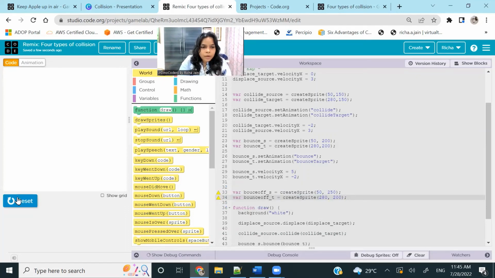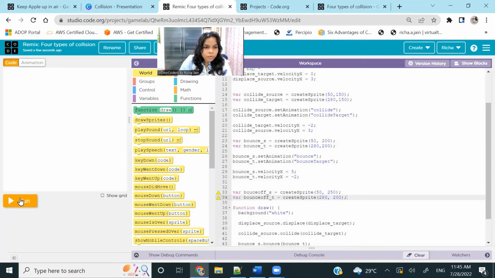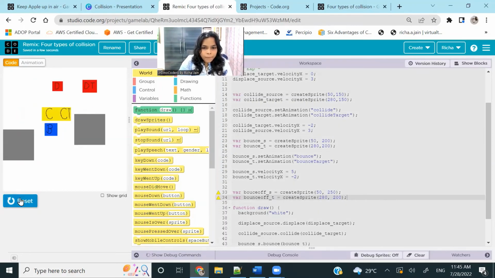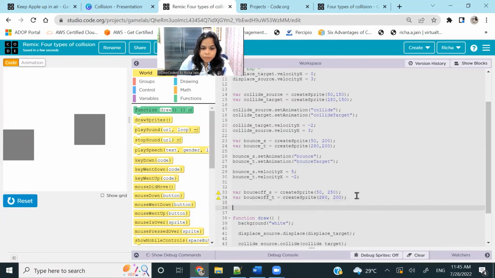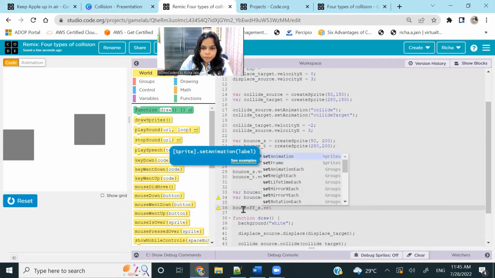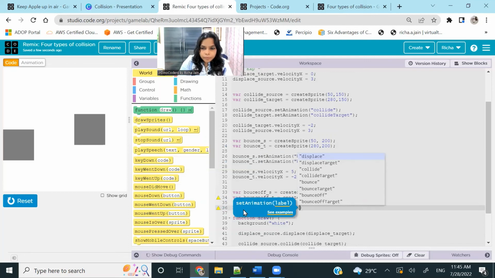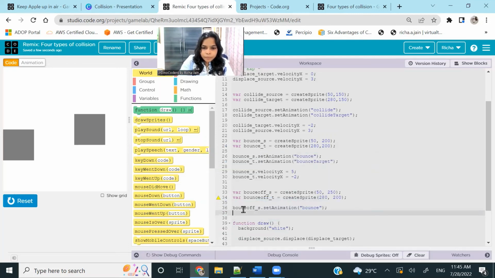Let's see if they are at the right position where I want them to be. So this has to be a little down. Let's give them animations first. Bounce off it has to be, sorry.